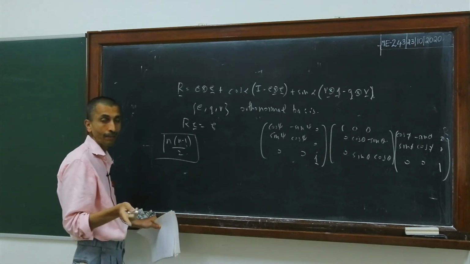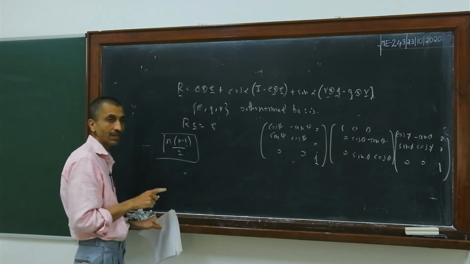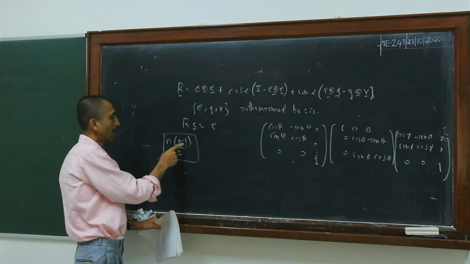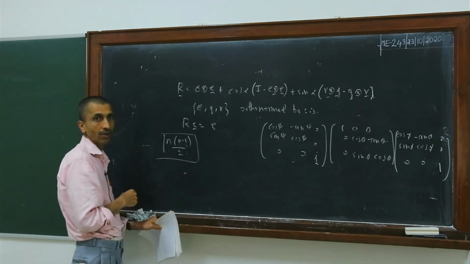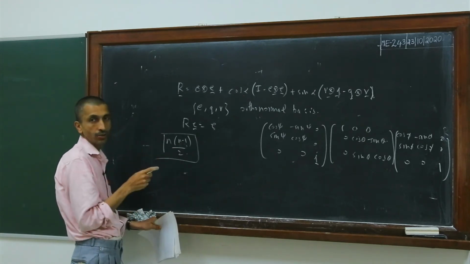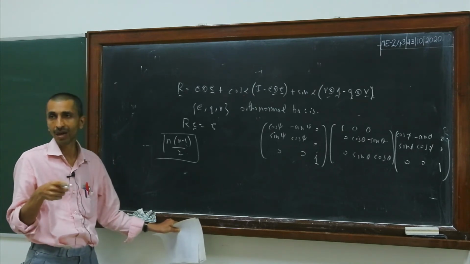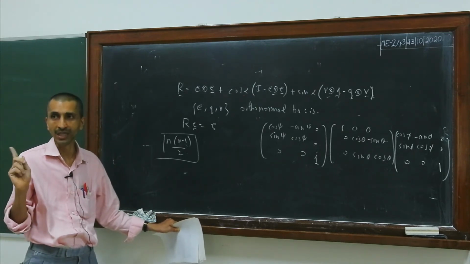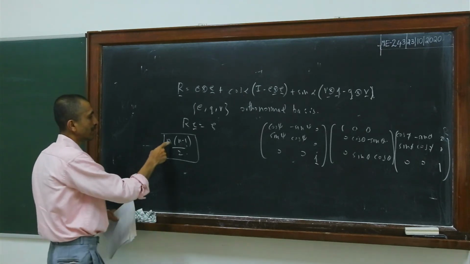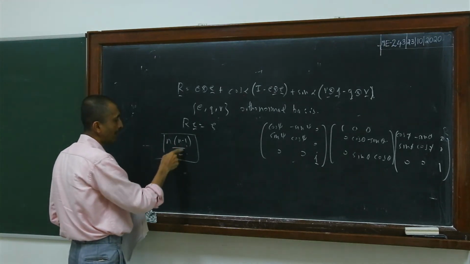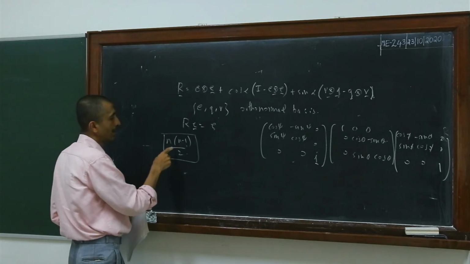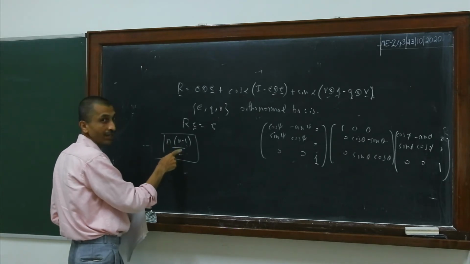So in 2-dimensional space, you can always write Q as cos theta, sin theta, minus sin theta, cos theta. Only one angle theta is required, 2 into 1 divided by 2. In 3-dimensional space, I already mentioned 3 parameters.